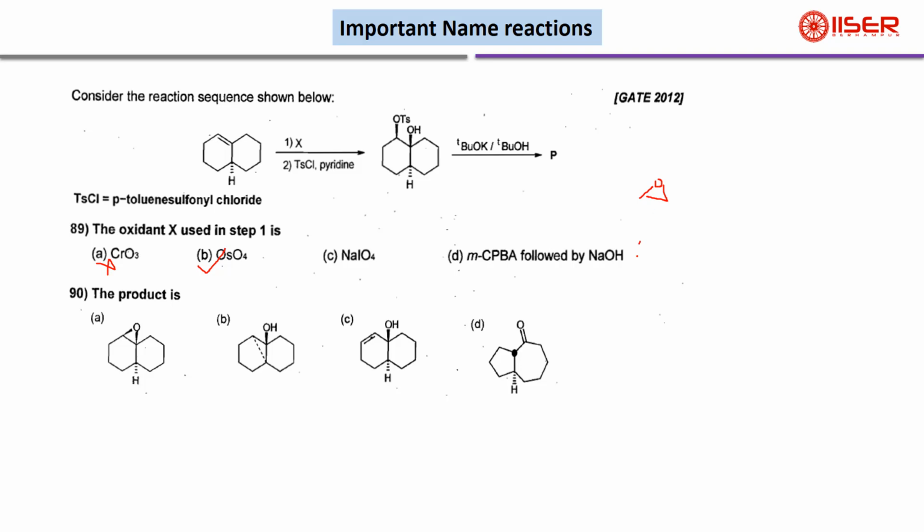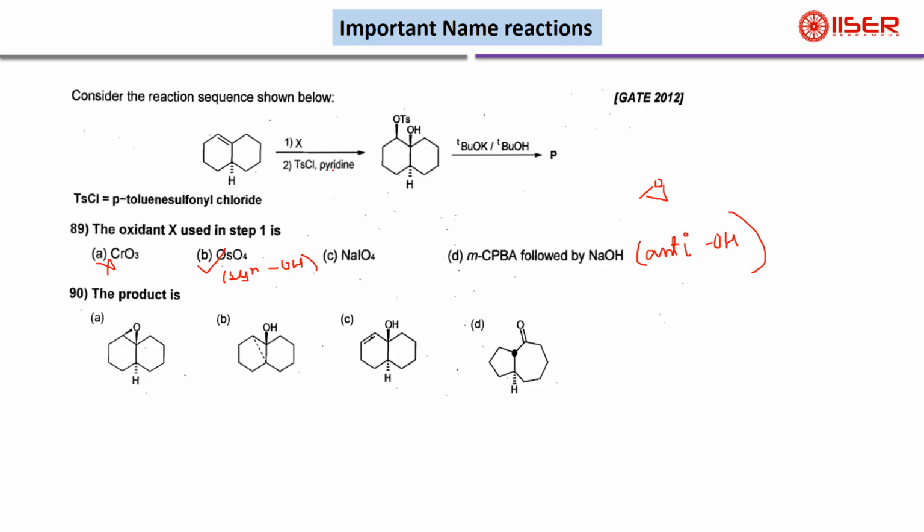But in this case we will get an anti-OH, meaning the two OH will be anti to each other. But in case of osmium tetroxide we will get syn hydroxylation, so the two OH will be syn to each other. So the correct option is osmium tetroxide.